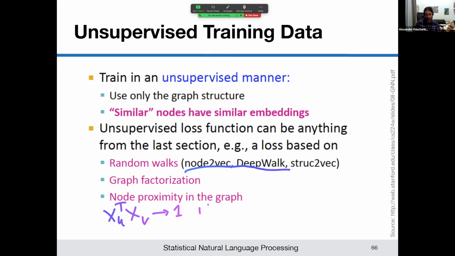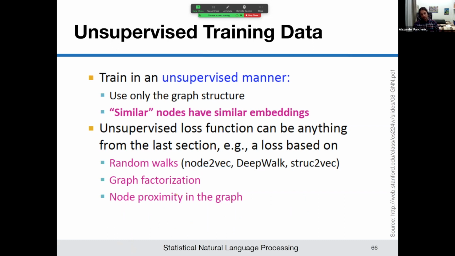If these pairs belong to some walk, the value should be high, otherwise it should be low.